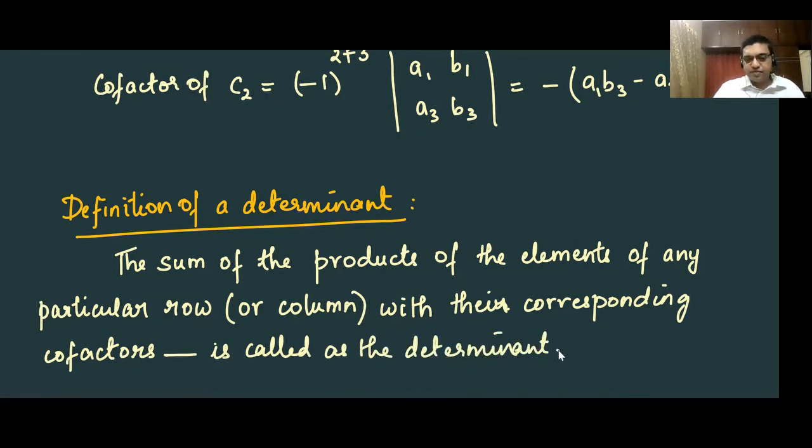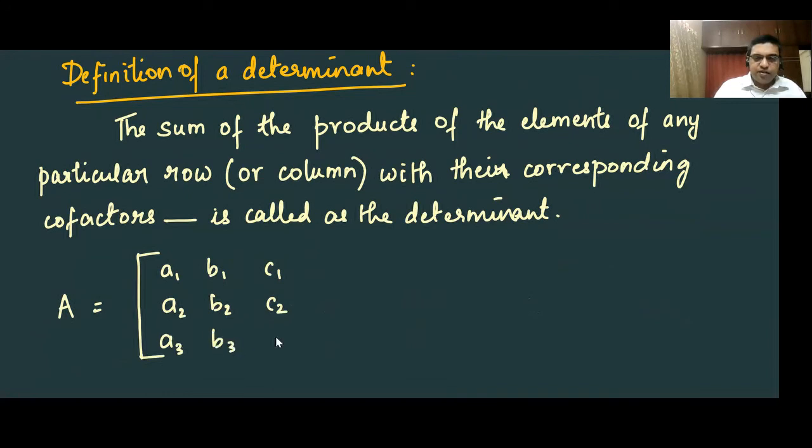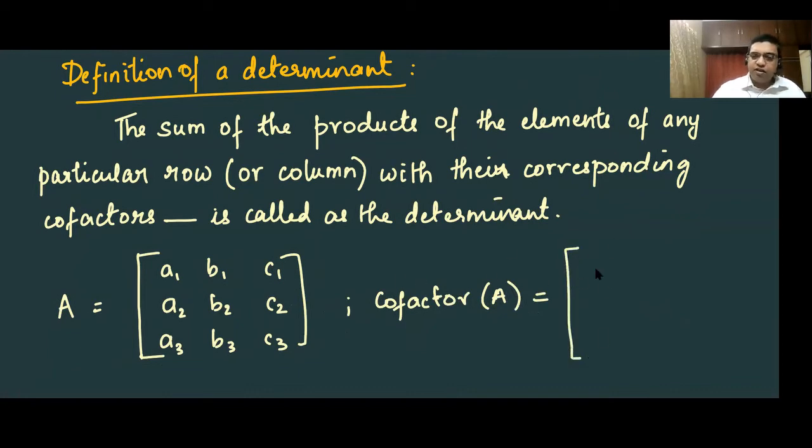Now let us see this. We have a matrix A: A1, B1, C1, A2, B2, C2, A3, B3, C3. And we replace the elements of A by cofactors of A. I will denote the cofactors as capital A1, B1, C1, capital A2, B2, C2, A3, B3, C3.